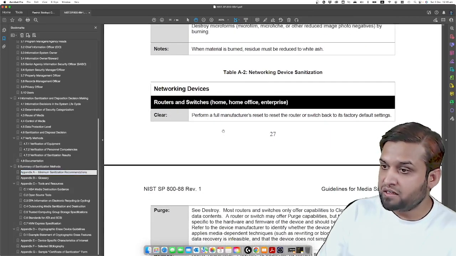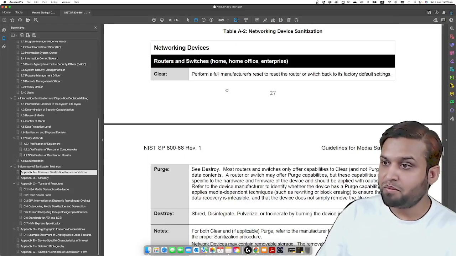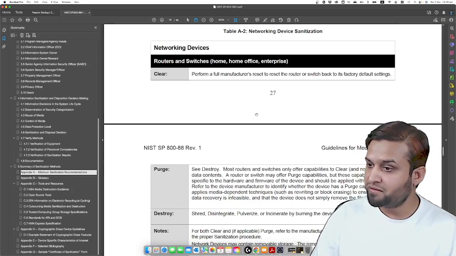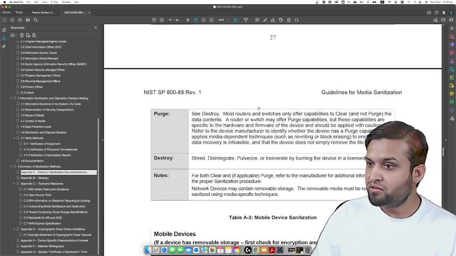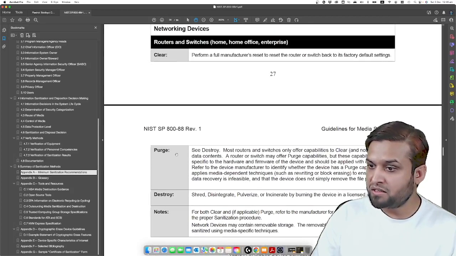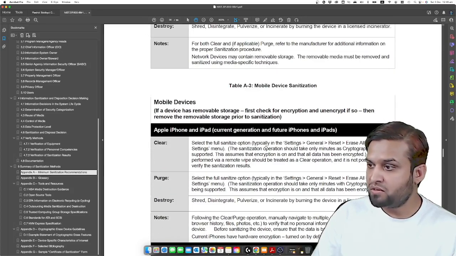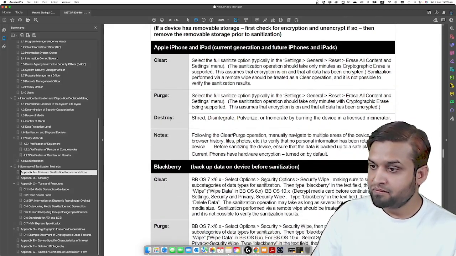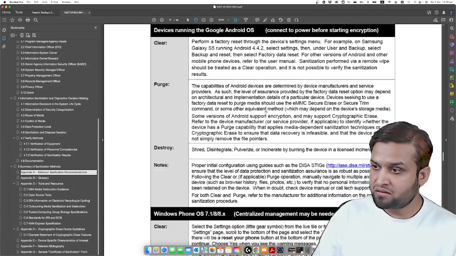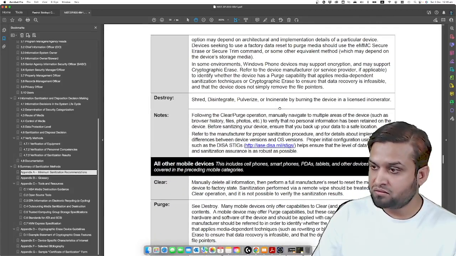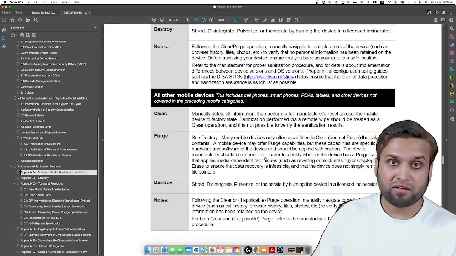And then for networking devices, this is my background. I used to do a lot of networking. What we should do when it comes to clear, purge, destroy, what are the methods. You see, for Apple iPhone, it gives basically the recommendation: settings, general, reset. So these things we should refer to when we are preparing for CISSP.